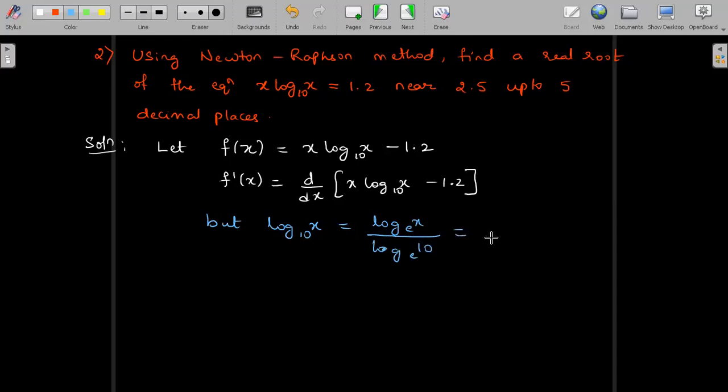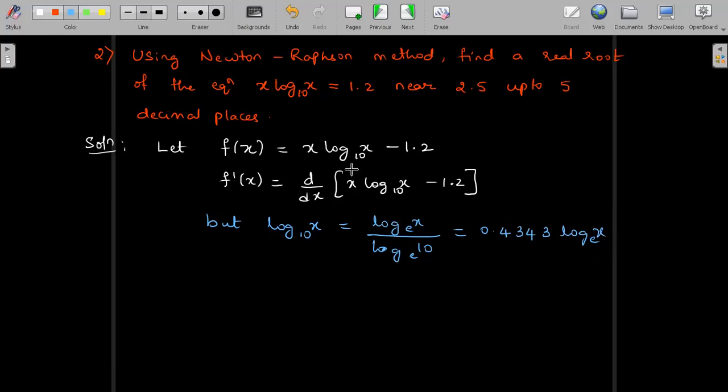And 1 divided by log 10 to the base e is approximately 0.4343. Log 10 is a constant. To the base e is the same as saying ln in the calculator. So 1 divided by ln 10 when we perform, we get 0.4343 approximately. And this is multiplied by the numerator log x to the base e as it is.